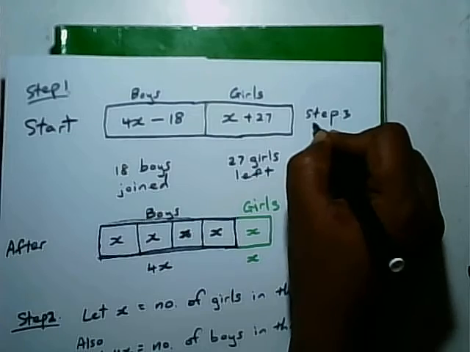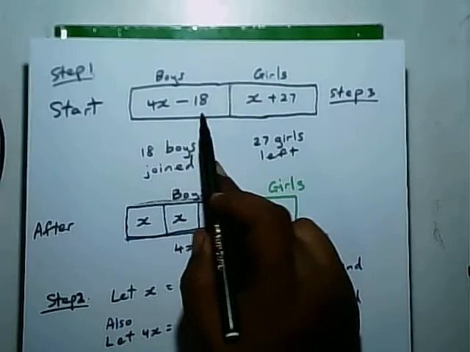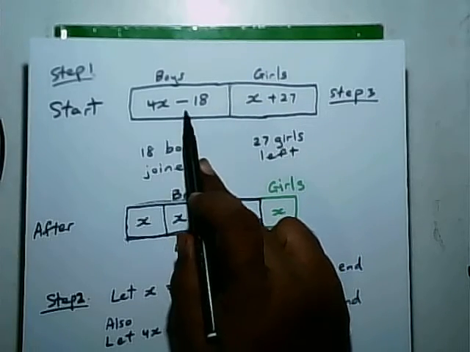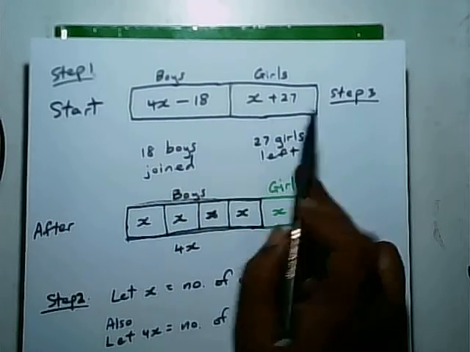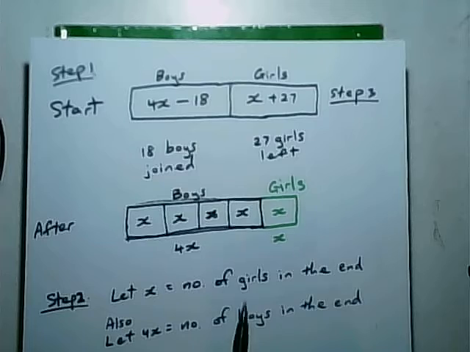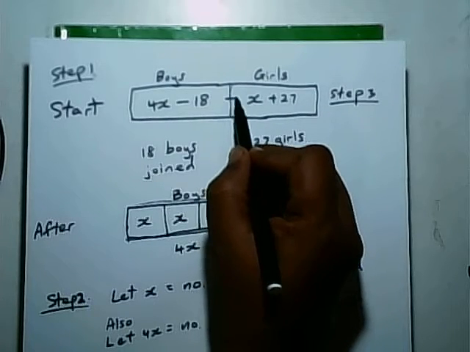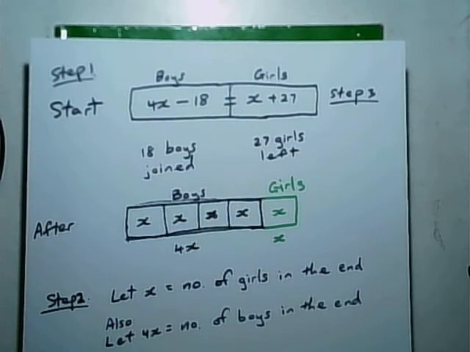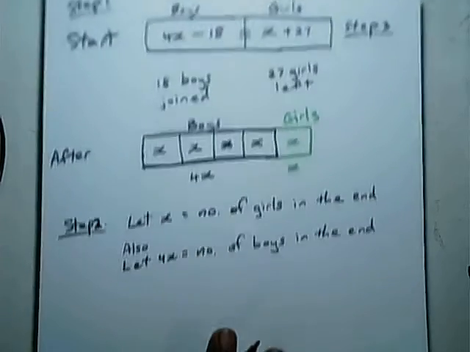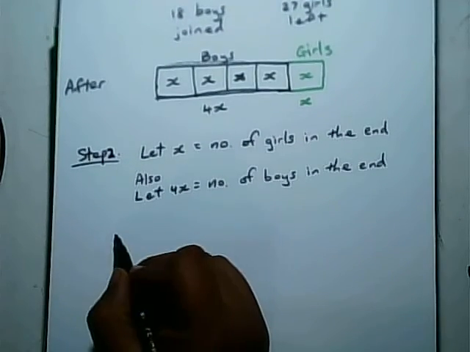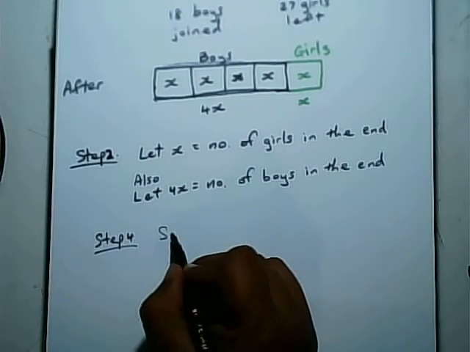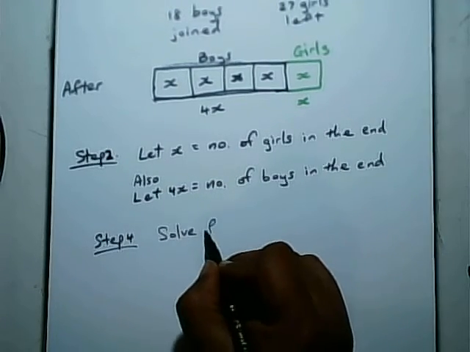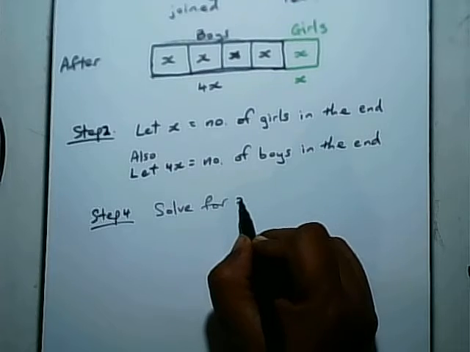Step 3 is we figure out an algebraic expression, numbers and letters, to explain how many boys there were at the start and how many girls there were at the start. And they were equal amounts. The number of boys was equal to the number of girls. So that brings us to step 4. Step 4, we are going to solve for the letter X.